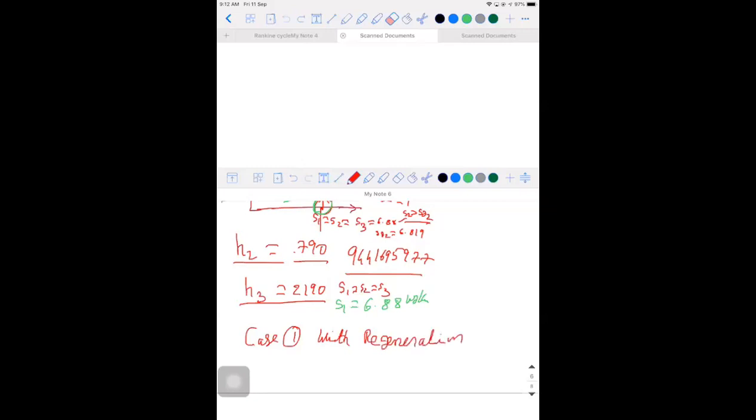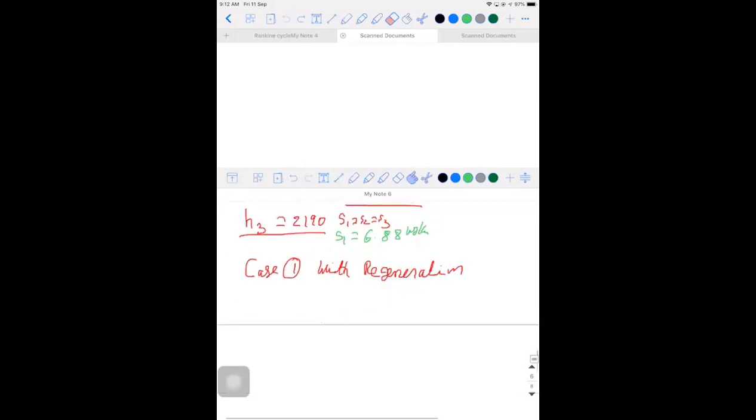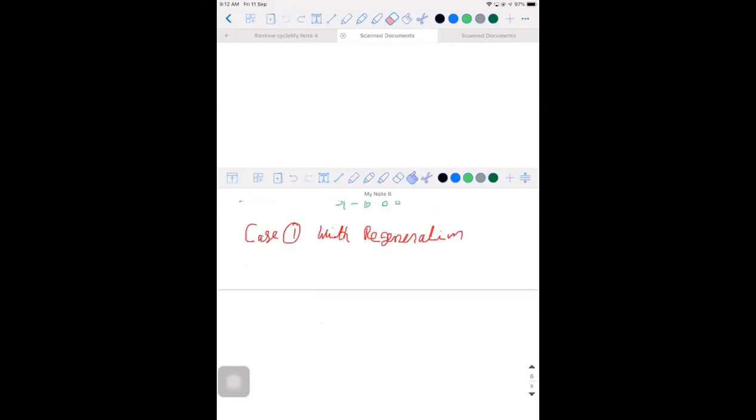We have got all the values. Here also we'll try to have the figure.